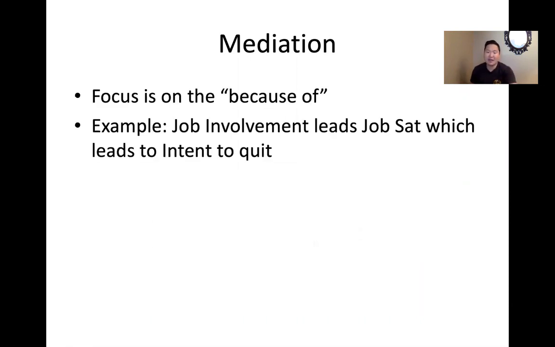So, job involvement leads to job satisfaction, which leads to intent to quit. In this case, job involvement is our X, intent to quit is our Y. So yeah, job involvement, or the lack thereof, leads to intent to quit, but it's because of job satisfaction. That relationship really wouldn't work unless you had job sat in there.